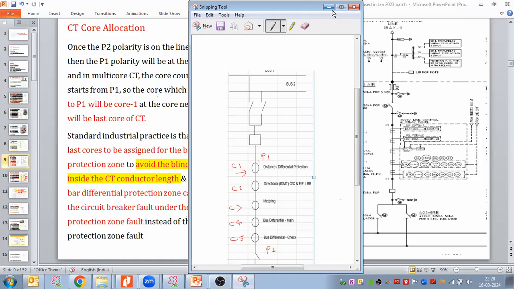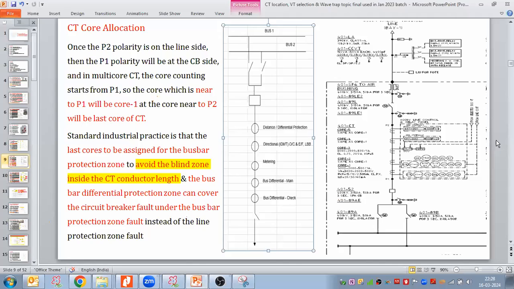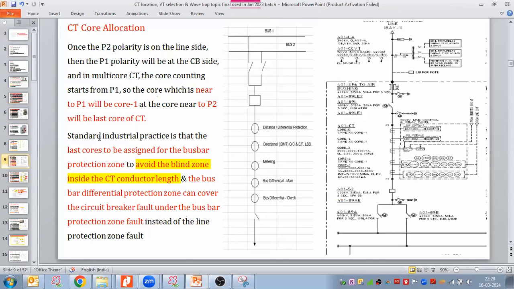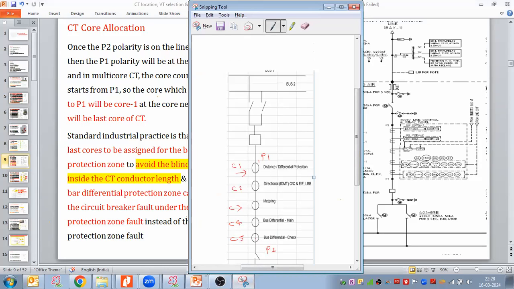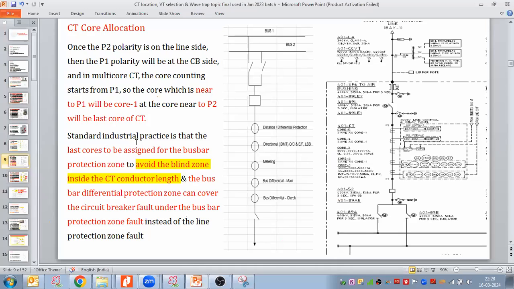So the standard industrial practice is that the last core is assigned for the bus bar protection zone, to avoid the blind zone inside the CT conductor length.